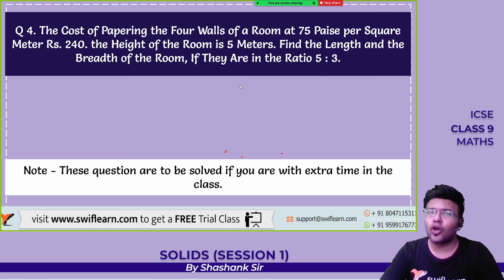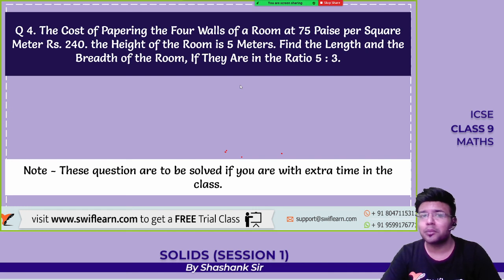Now this question. The cost of papering the four walls of a room at 75 paisa per square meter is rupees 340. Something is missing here. The height of the room is 5 meters.